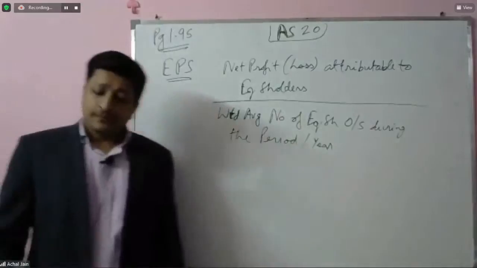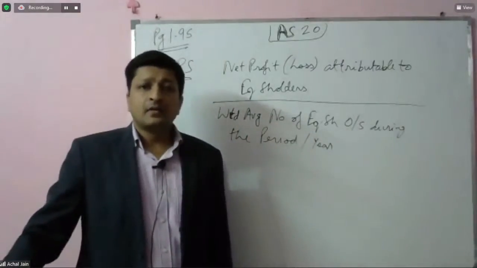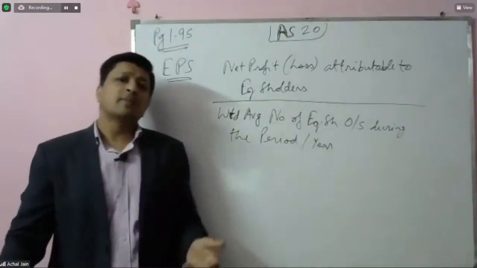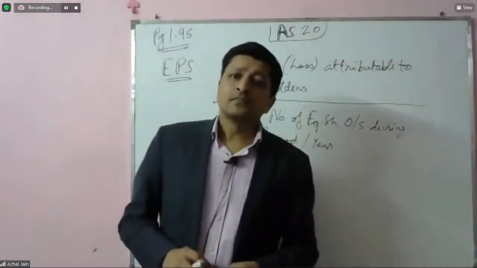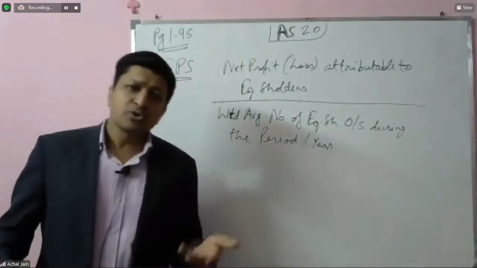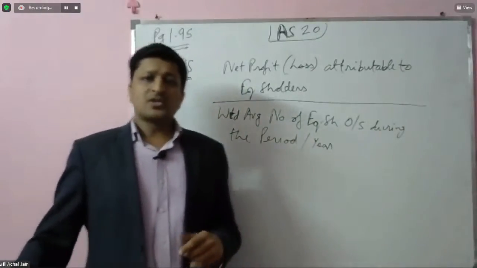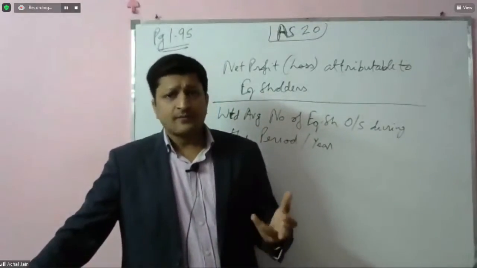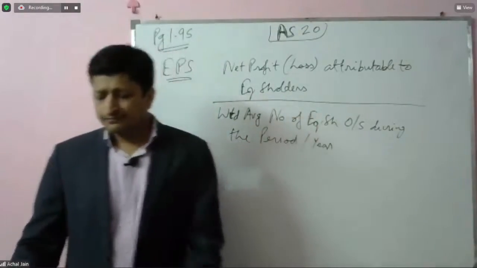Now, it may happen that during the year, the number of shares issued by the company was 1 lakh, out of which certain shares were bought back, some more shares were issued, some for cash, some without cash. We'll discuss all of those situations.